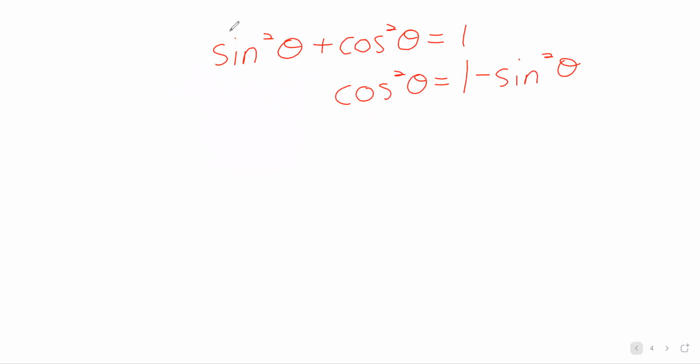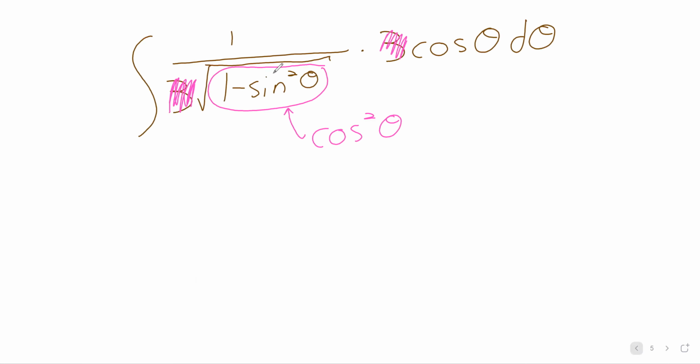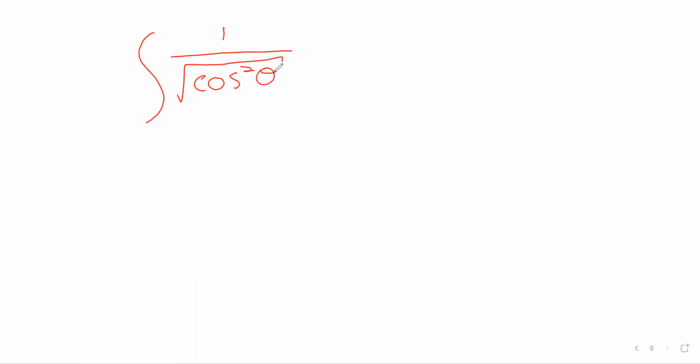Again, that's using the Pythagorean identity. The integral of 1 divided by the square root of the cosine squared of theta, times the cosine of theta.